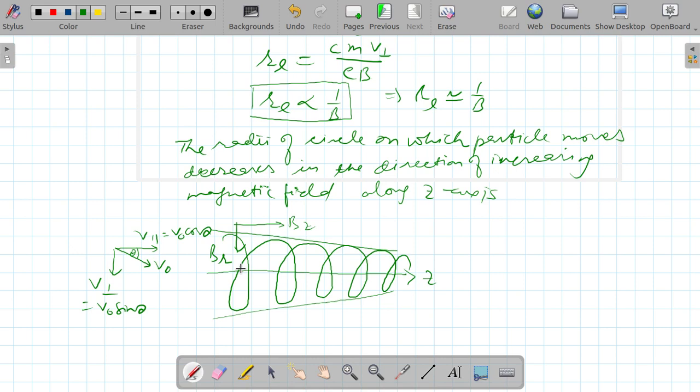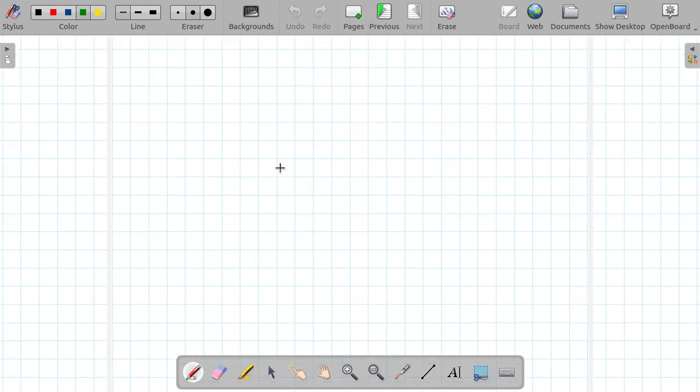Now, keeping this in mind, we will consider the motion of a charged particle in a field of this type.